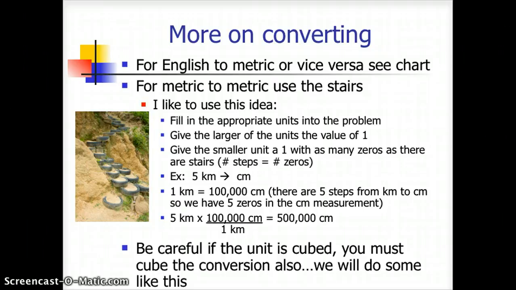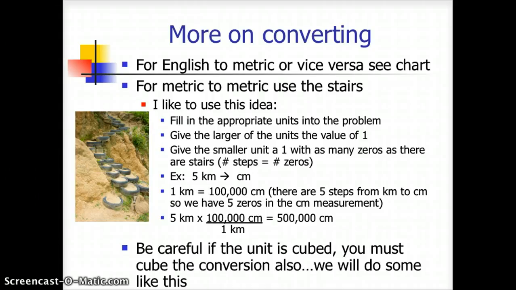The larger of the units is given the value of 1. If I look on my stairs, kilometers would be larger than centimeters, so I'll give that a value of 1 for the kilometers. Then the smaller unit is given a 1, and then you give it as many zeros as there are stairs. So if I've got 5 kilometers and I want to know how many centimeters, I go to my stairs.